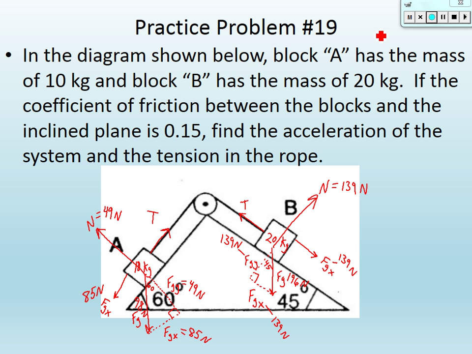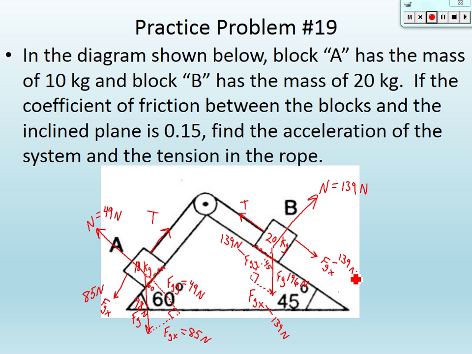I haven't got friction in there. But both of these blocks are going to be experiencing some friction between the inclined plane and the block. But in order to draw in friction, I really need to know which way the system is going. So let's compare two numbers. Let's compare the FGX of block A, which is 85 newtons, to the FGX of block B, which is 139 newtons.